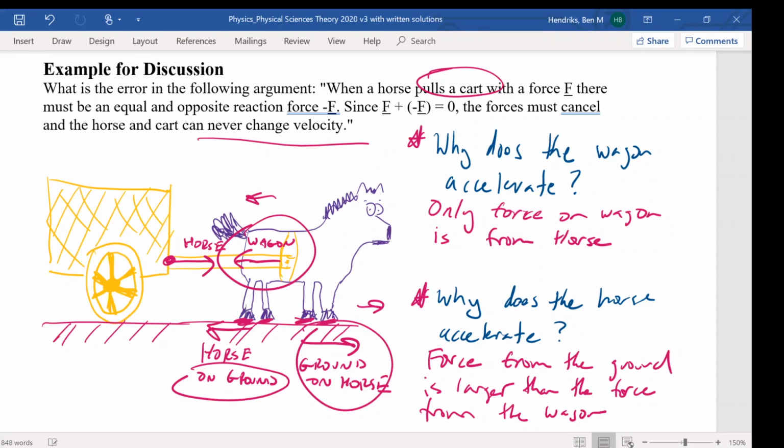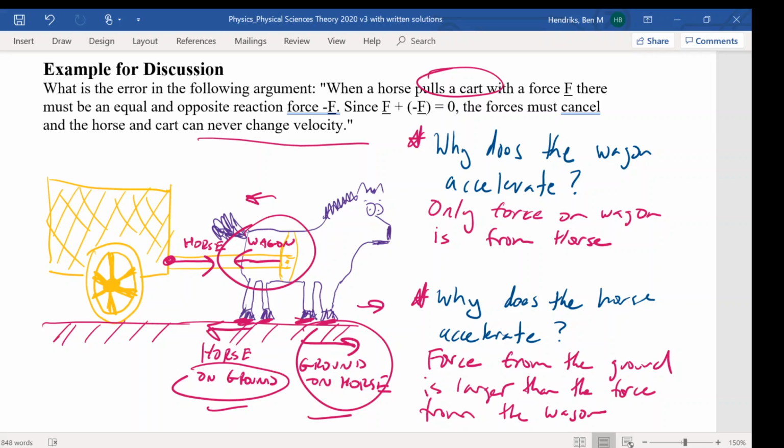The thing that makes this difficult to understand is that we know that all the energy is being supplied from the horse. So to think about the ground acting on the horse is a bit of a mind bend for us. But because of Newton's third law, if the horse acts on the ground, the ground also acts on the horse.